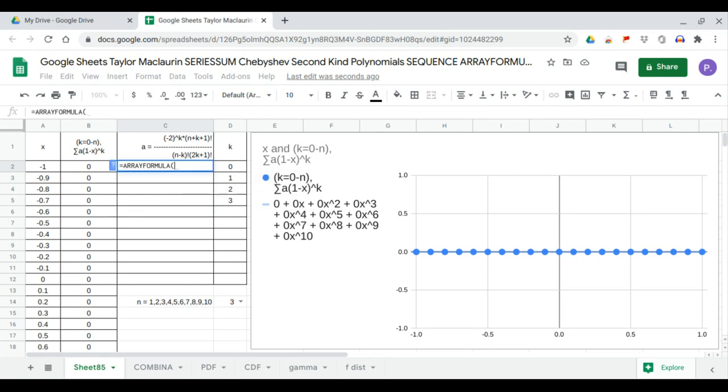So it is array formula, 1 over factorial n minus k, times the second part, factorial of 2 times k plus 1. That's the denominator part.